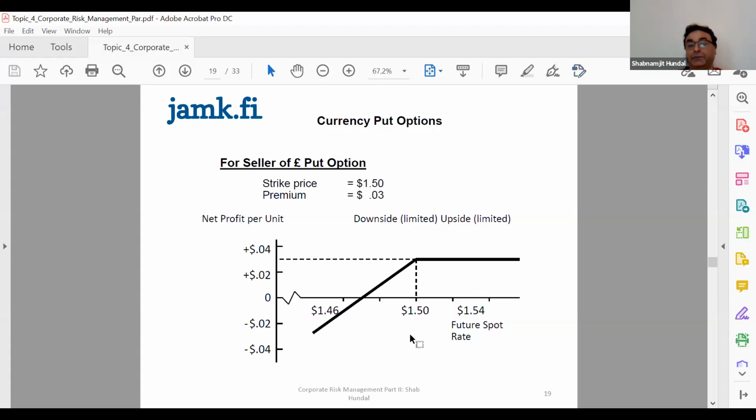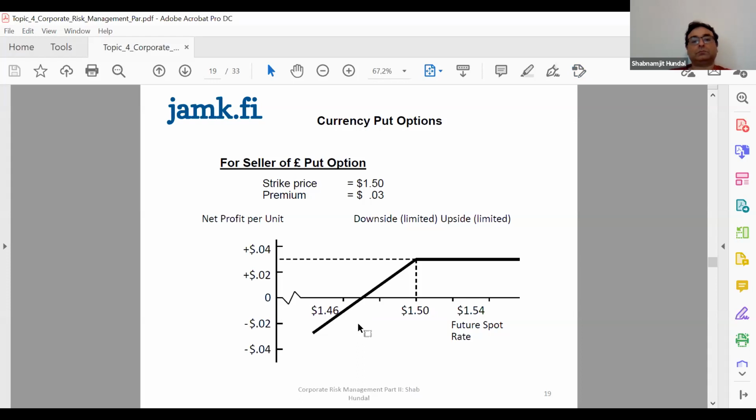And the hint I can give you is that if I extend this line, I hope you can see the cursor. If the market price is 1.46, and if I extend this cursor on this payoff line, it seems that the American company, the exporter, would lose 1 cent. What does it mean? You will exercise the put option.